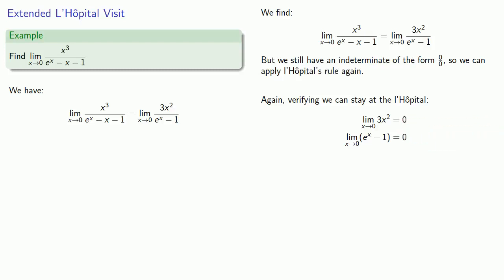And since both are 0, L'Hopital's rule can be applied once more. And we get a new limit. Now it's important to recognize that we still have to evaluate a limit at some point. And this time, as x goes to 0, 6x goes to 0, and e to the x goes to 1, and so this limit can be evaluated directly.